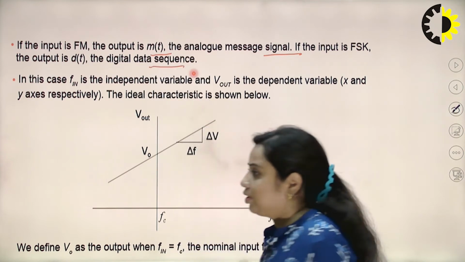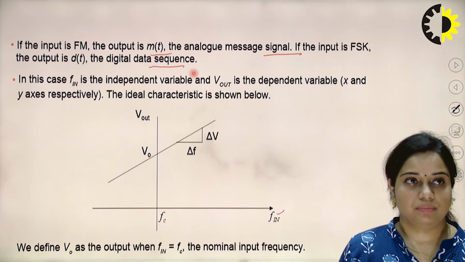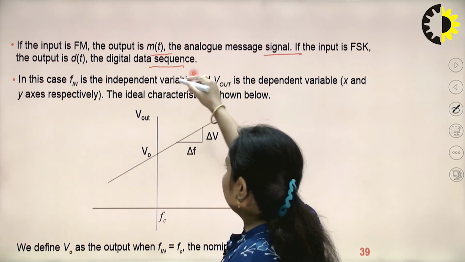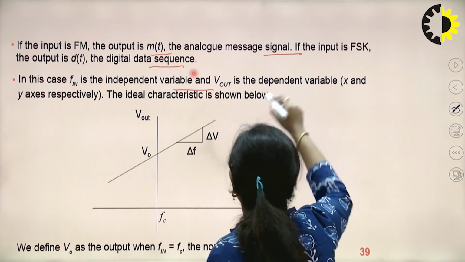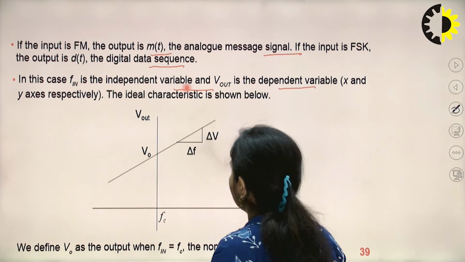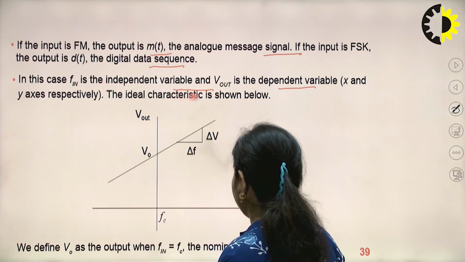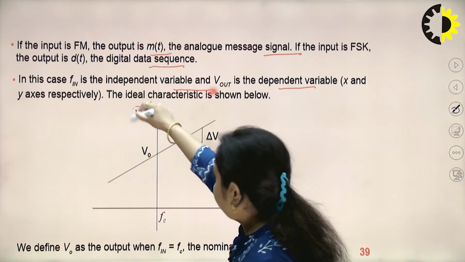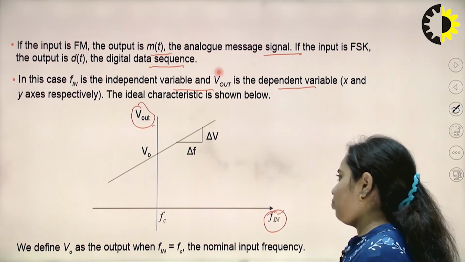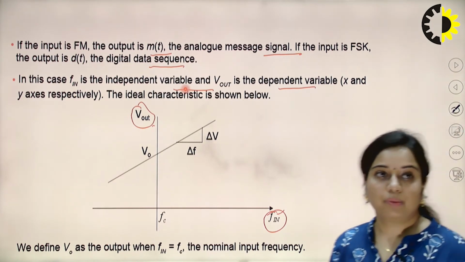So this is what it is showing in terms of analog modulation and digital modulation. In this case, Fin is the independent variable and V naught is the dependent variable, the x and y axis respectively. The ideal characteristic is shown over here. As you can see, this is the V output versus Fin graph, because this is a frequency to voltage converter. The input will be the frequency and the output will be V output.